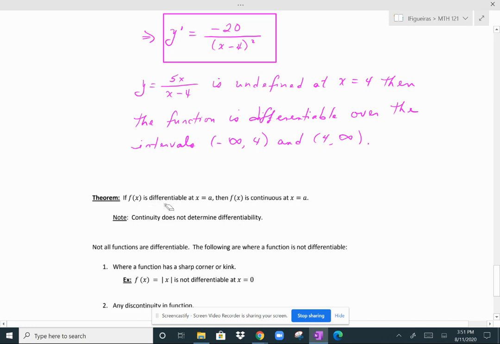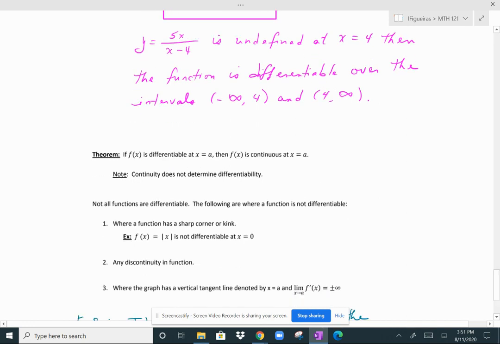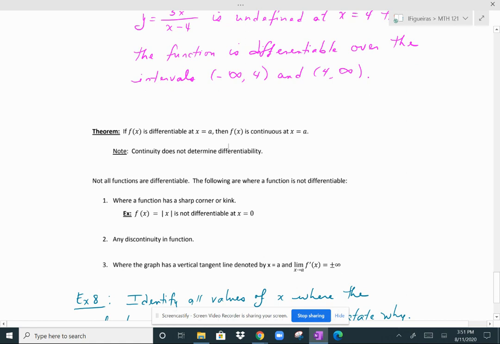So let's talk about some reasons why some functions are not differentiable, or some locations where they wouldn't be differentiable. So a function is not differentiable at a sharp corner or a kink. So this is a great example of a function that is continuous over all real numbers.